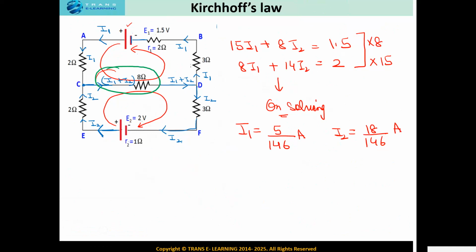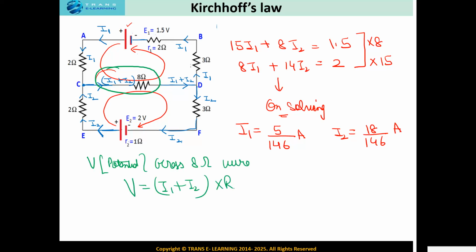Now, to find the potential, what we are going to do: V across the 8 ohm wire is I1 plus I2 into R. In this case, you're going to add 5 upon 146 plus 18 upon 146 into 8 ohm. On solving this, you should get the value 92 upon 73 volt.